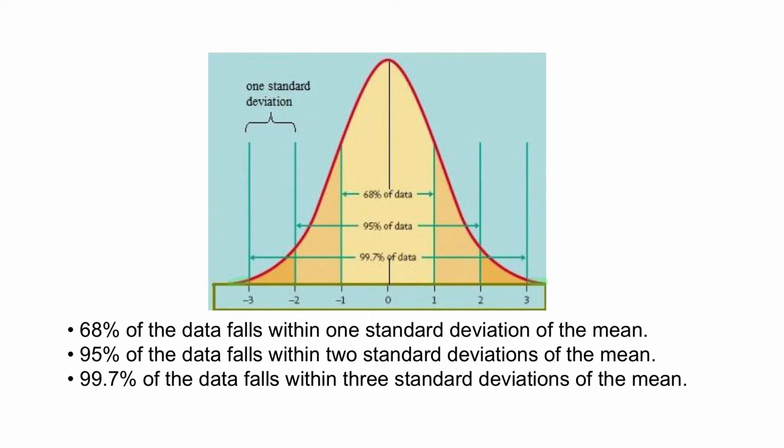This is probably the most used picture that you're going to use from this section. It divides up the standard deviations, but it also tells you how much of the data you're going to find in there. This is what we call the 68, 95, 99.7 rule.